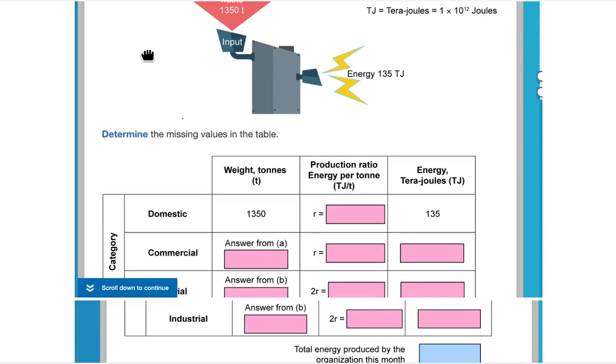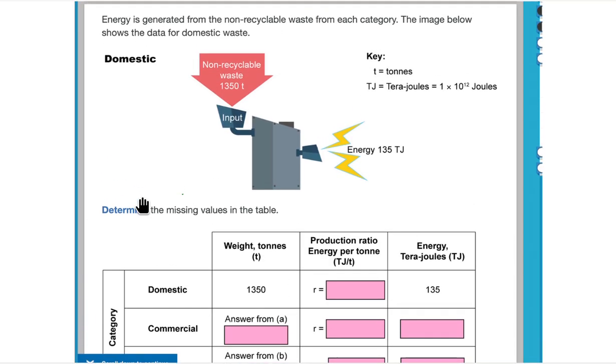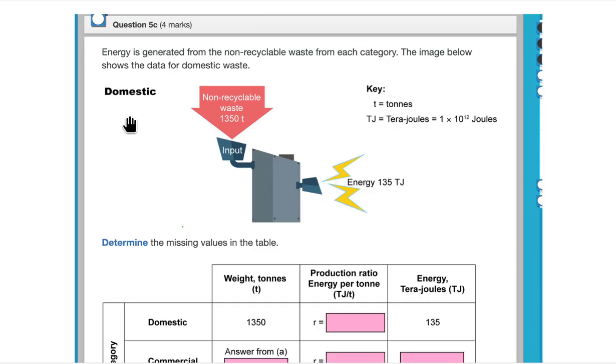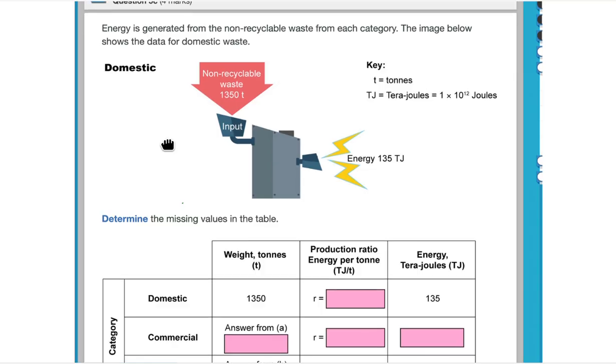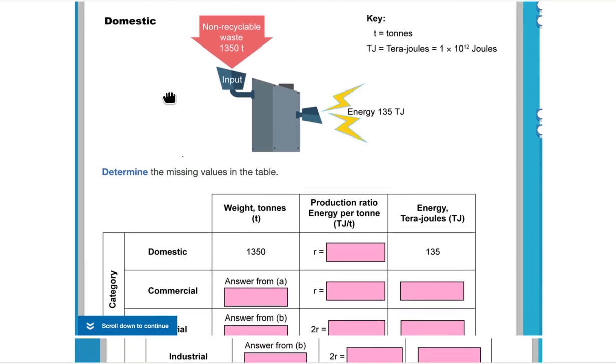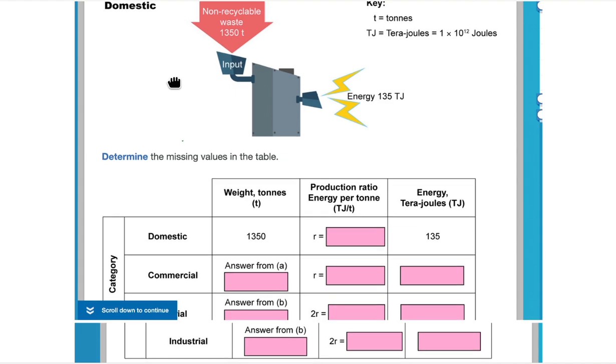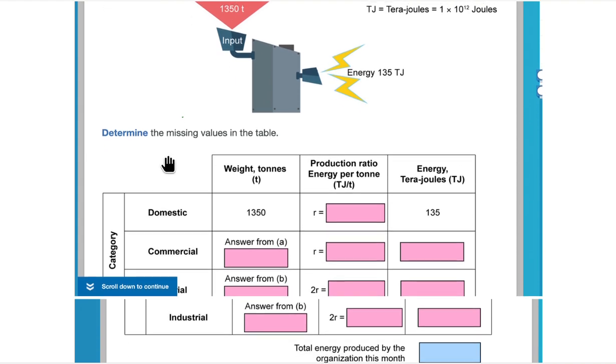So you are told that the value for the domestic weight in tons is 1350, and that's the input, right? And the energy produced is 135 terajoules. So it asks you for the production ratio, which is energy per ton.